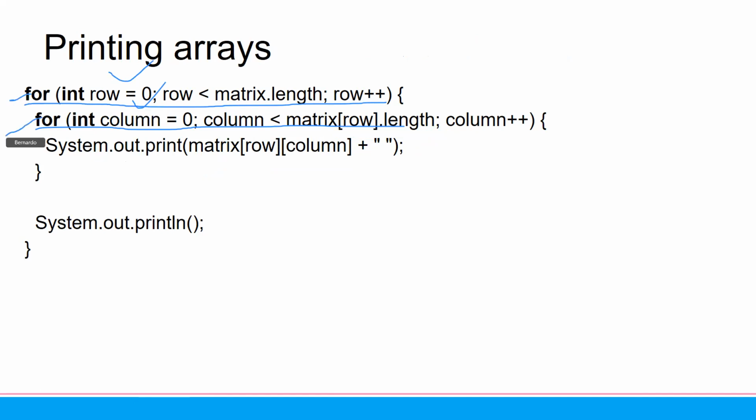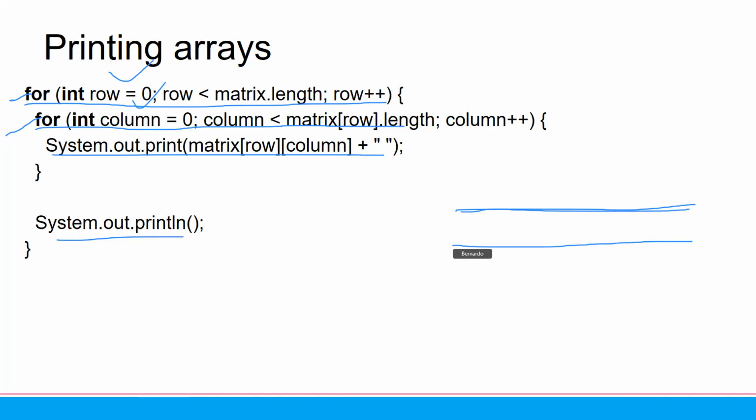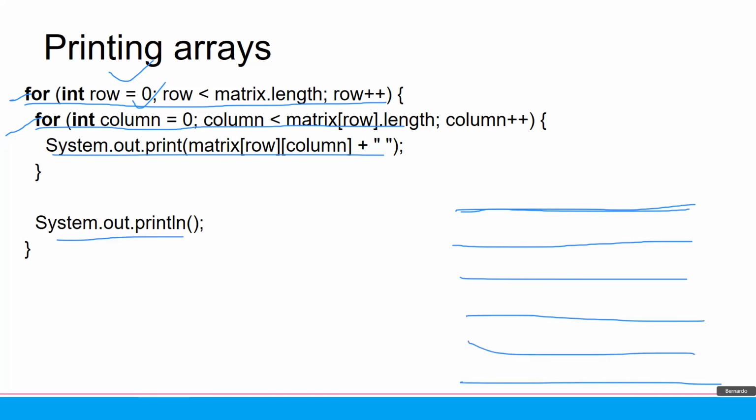And then you want to print for every row first. After one line, you can go to the next line. So after we print all the columns in the first row, we can go to the next row, we can print all the columns in the next row, and so on until we have finished all the rows.